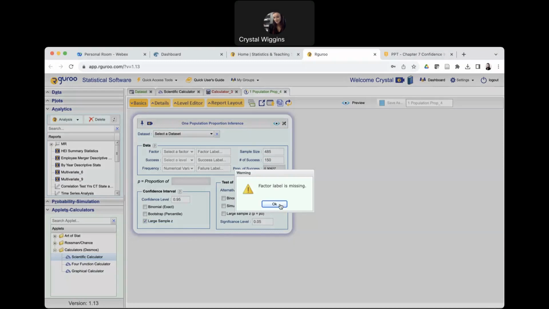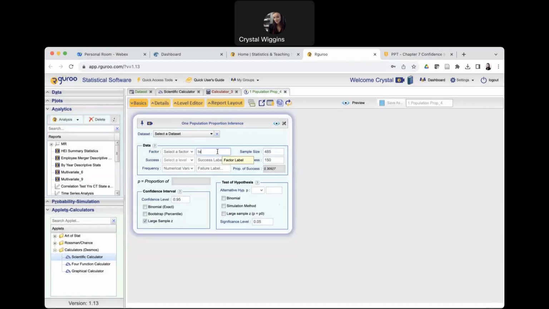Factor label is missing. Okay, so we're talking about tankers. You can just put anything, by the way. You can put ABC, gibberish, just type on the keyboard. They just need something there. But if you want it to match the problem, then label it appropriately. So overall, the sample is a bunch of tankers, and my success label are those that spilled.